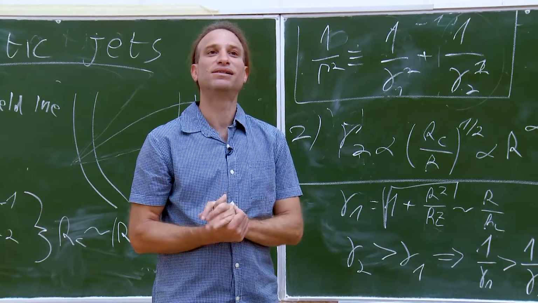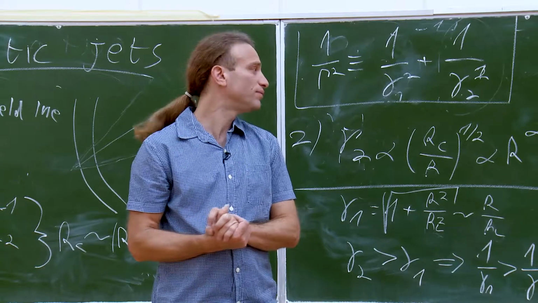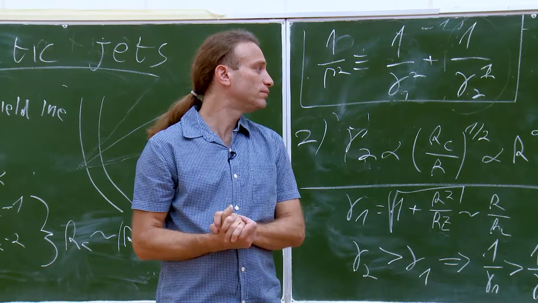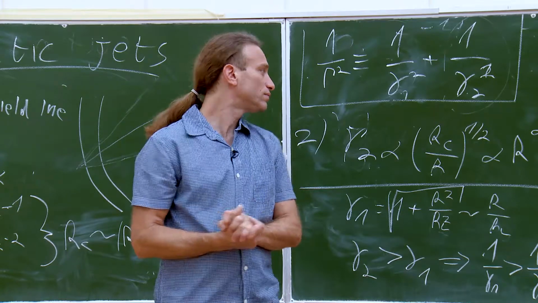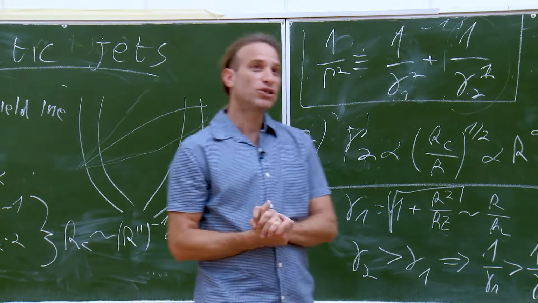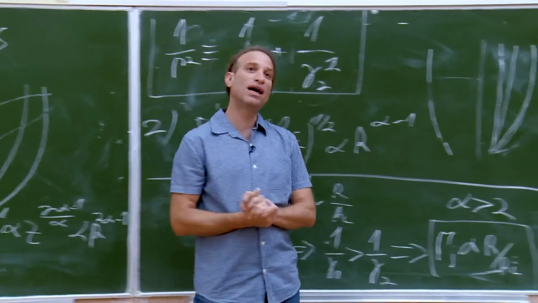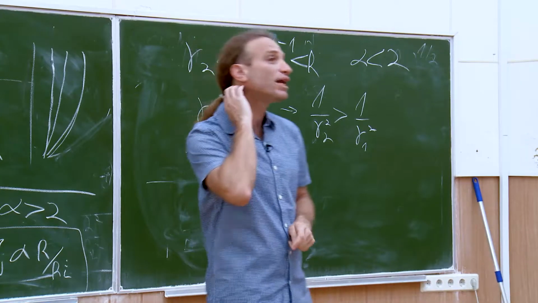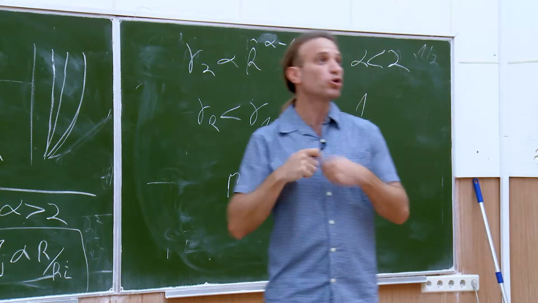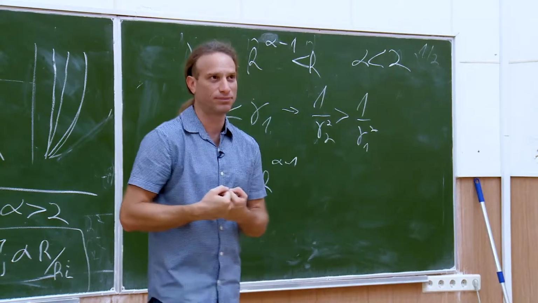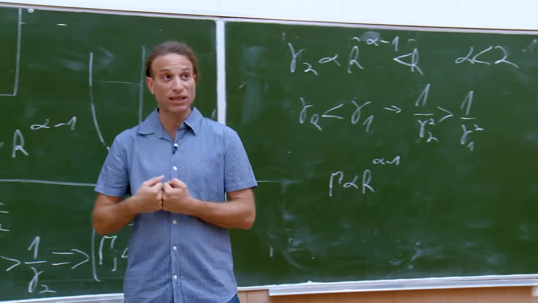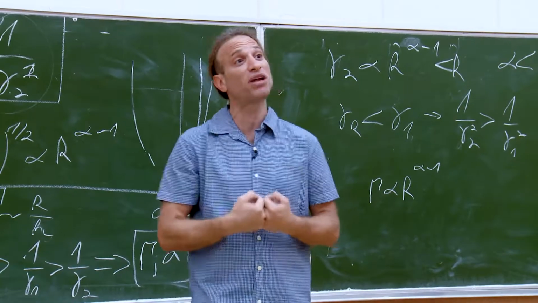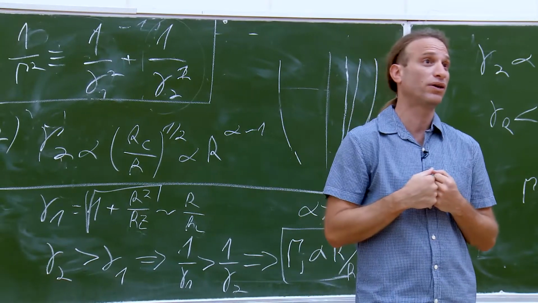Yes? So the expression R over RL, when does that break down? It has to break down at some point, right? Else you would get infinite acceleration. That's true. It will break down. In order to have this acceleration, like in the hydrodynamic case, you need most of your energy to be in the magnetic field, so that B squared divided by 4 pi is much larger than rho c squared.